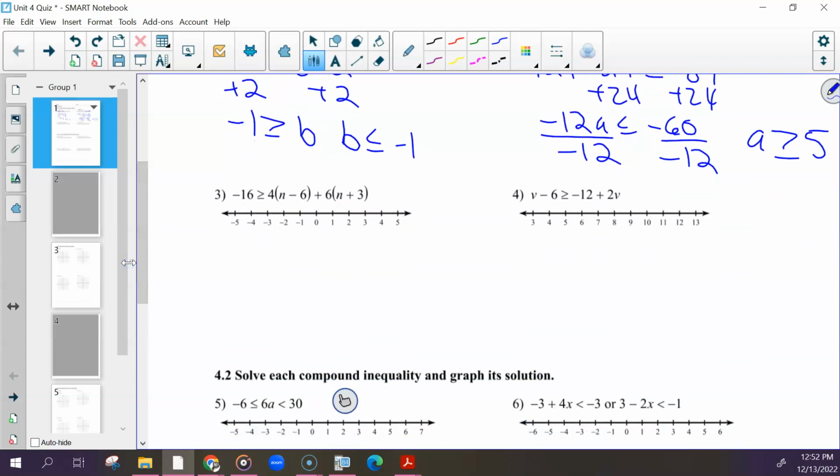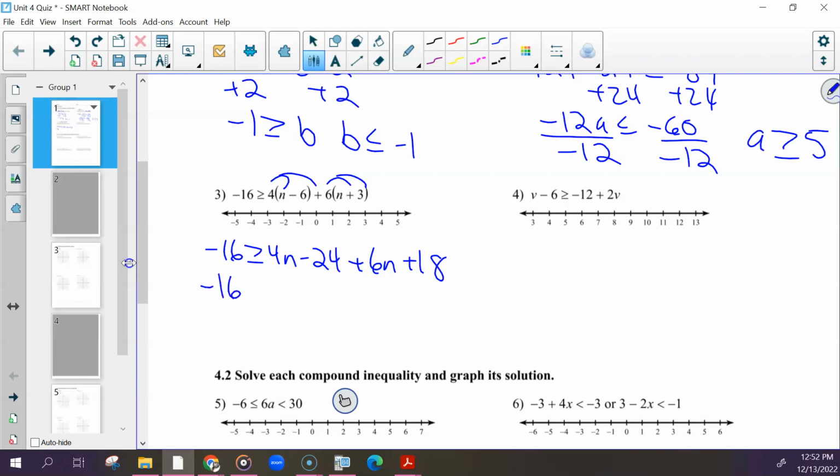Number 3, you have to distribute twice. -16 is greater than or equal to 4n minus 24 plus 6n plus 18. Combine your like terms on the same side. Do exactly what it says, not the opposite.